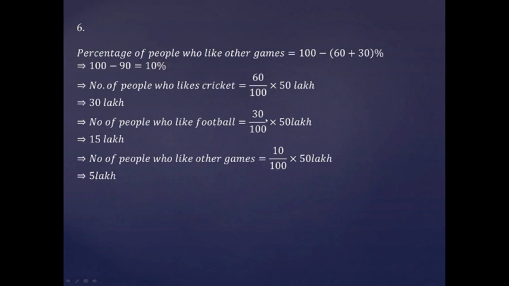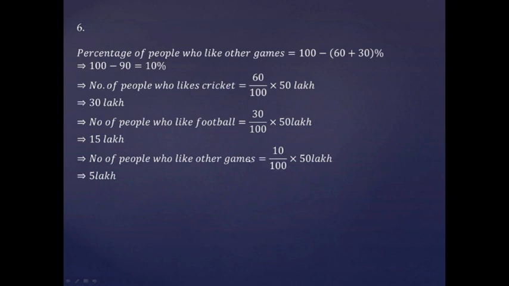In the same way, the people who like football are 30%. That means 30 by 100 into 50. If you cut down the zeros, then you will have 3 and 5 remaining. If you multiply it, you will find 15 lakh. Then the number of people who like other games is 10%, as you have found out here. 10 by 100 into 50 lakh. If you cut down the zeros, there are 1 and 5 remaining.